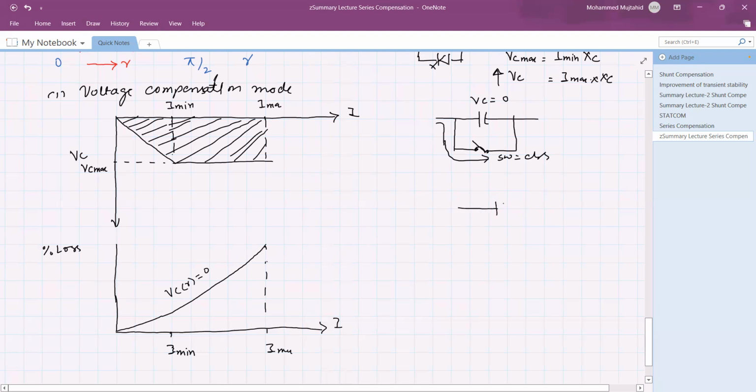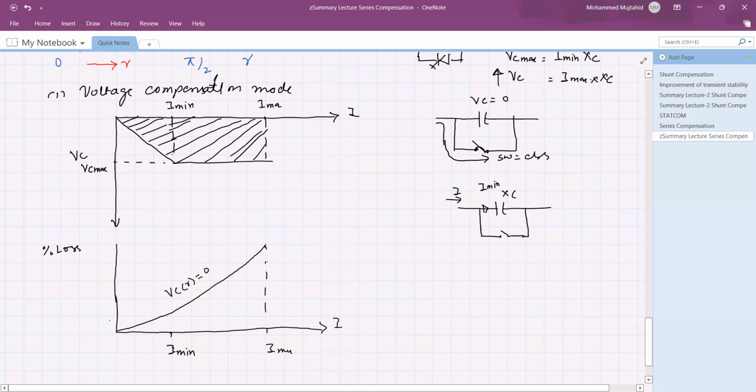Now second case, say this is the XC and current is going to increase. So it will deliver only the minimum current. Means at this point, the current will be minimum, isn't it? And the rest of the current is going to be diverted through partial conduction, that is, with the help of turn off delay circuit, the current is diverted from here. So what will happen? The losses will be very small up to the minimum value of current, and after that, partial current is diverted through the JTO, and the rest of the current flows through the capacitor.